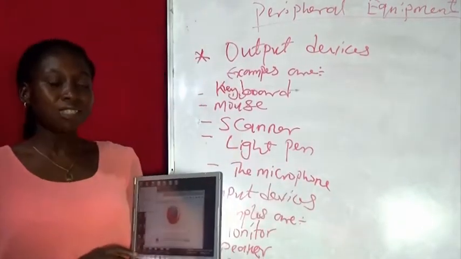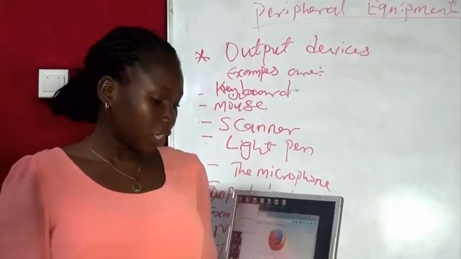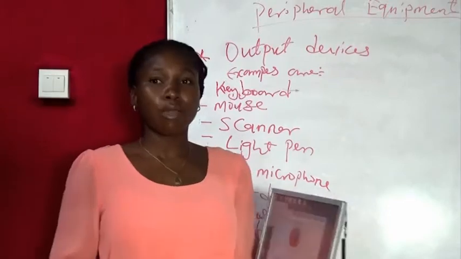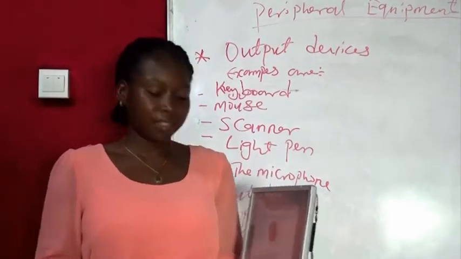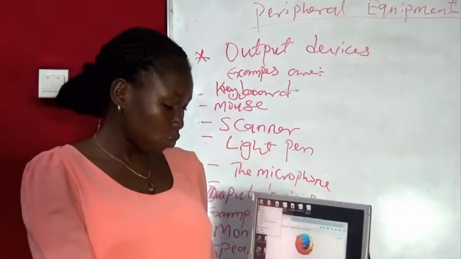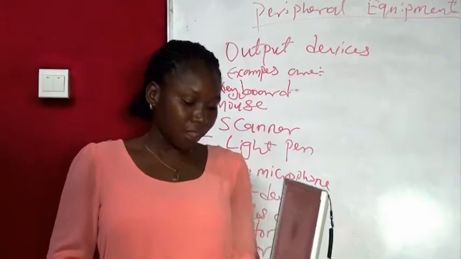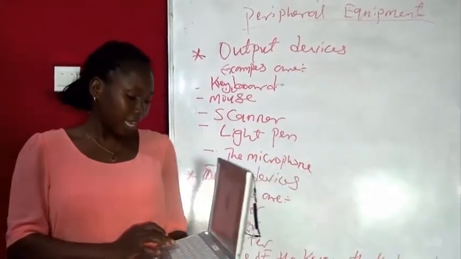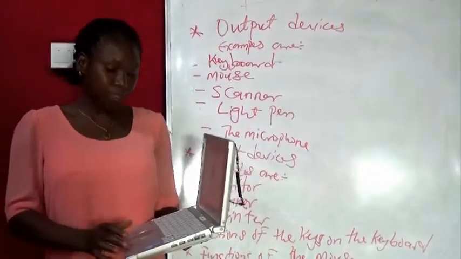Now the keyboard has about 4 sections on it. The first one we have is your alphabetical pad, which is from A to Z. Another section of the keyboard is the number pad, which is from 0 to 9.